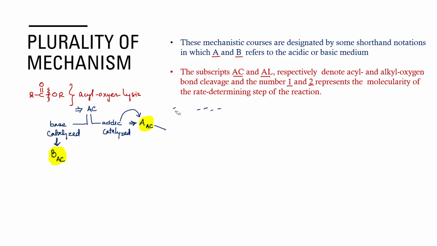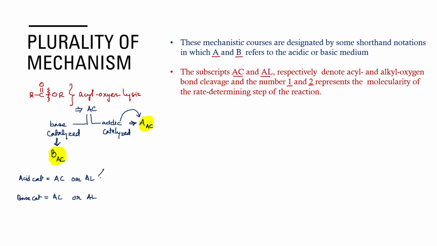So if I let me just erase this part and write everything over here. So we have how many possible outcomes if I take only acid catalyzed, then acid catalyzed will be either AC or AL. Base catalyzed, I will have AC or AL.